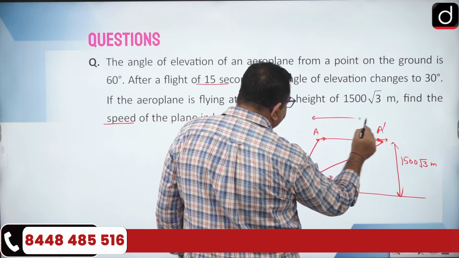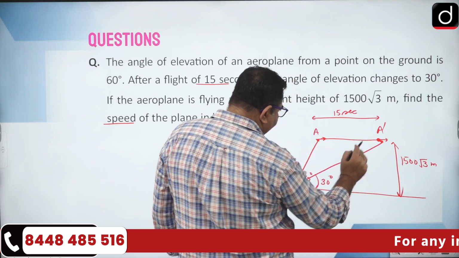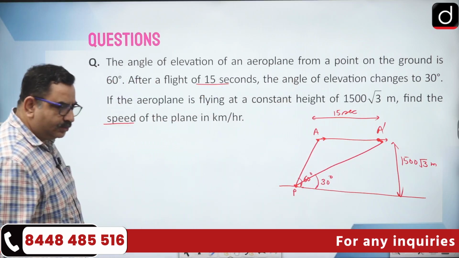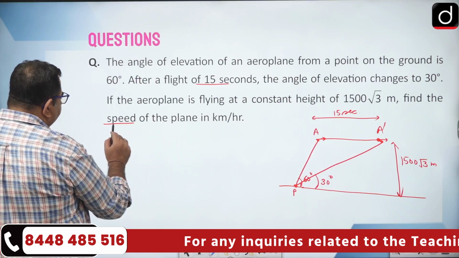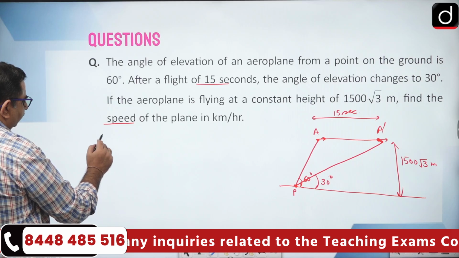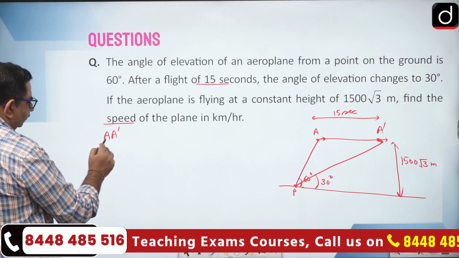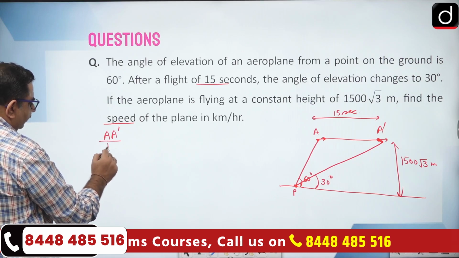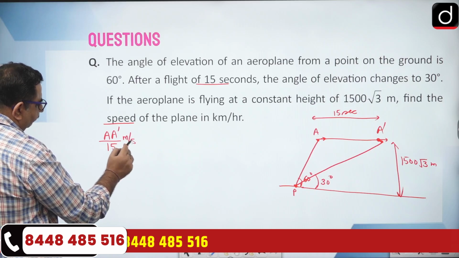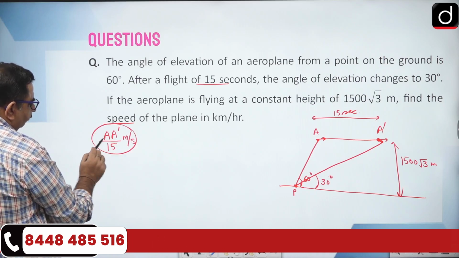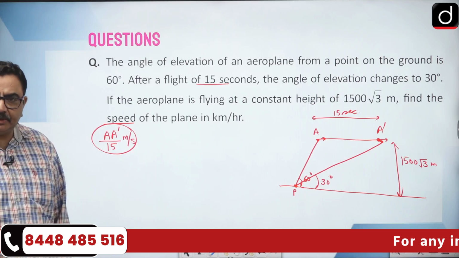So in 15 seconds, this is the distance traveled by the plane. Okay. So if this is the distance, right, then speed will be what? Speed is distance divided by time. So first of all, A will be in meter and 15 is in seconds. So first of all, we'll find the speed in meter per second, then we can convert it in kilometers per hour.